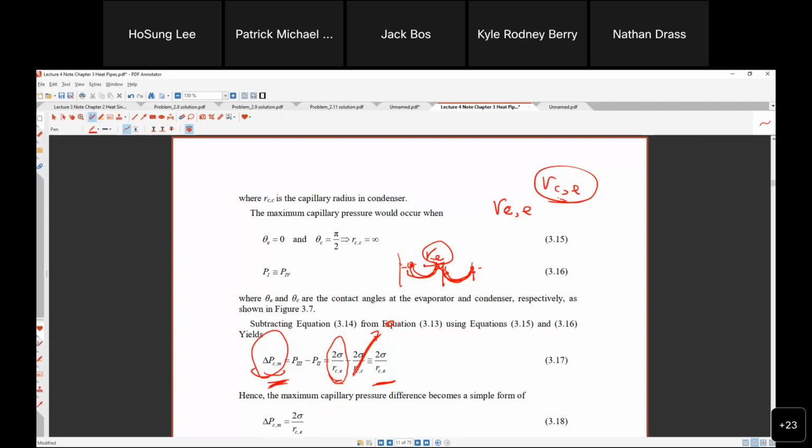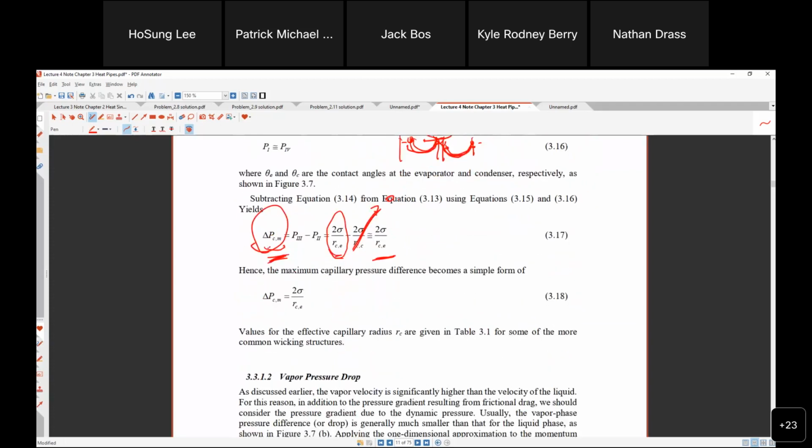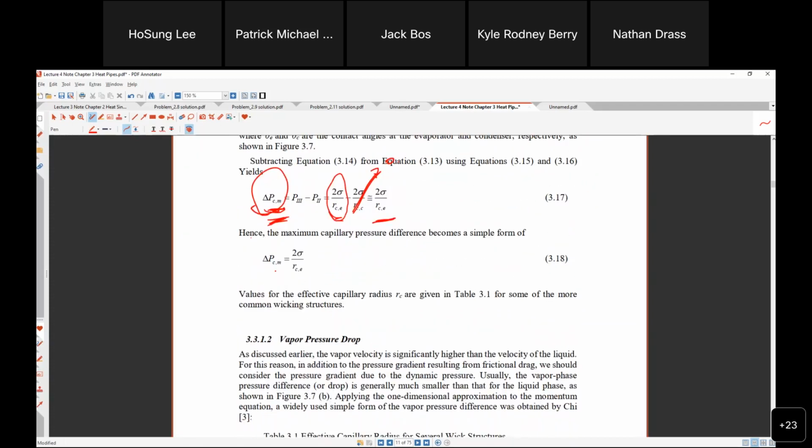We don't need to include the angle. There's no angle, a perfect hemisphere, because it's the maximum. The angle is 0. When we talk about maximum, that's the maximum.